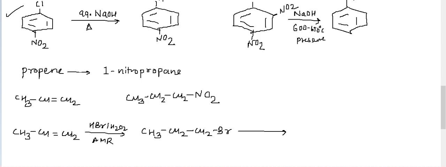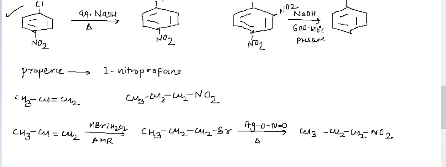And when you treat this 1 bromopropane with silver nitrite solution, AgNO2, then we get CH3 CH2 CH2 NO2.